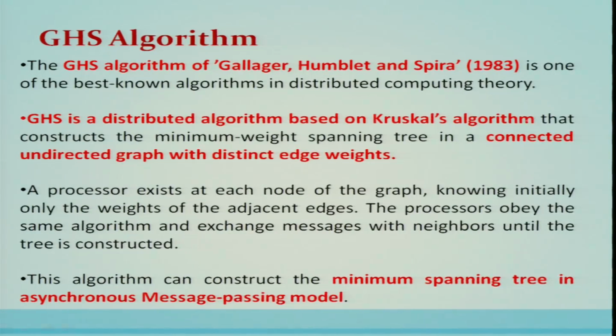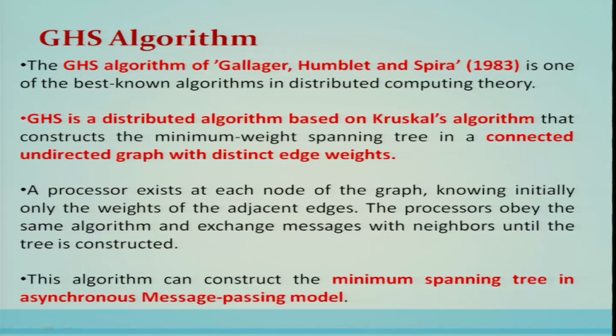GHS algorithm. The GHS algorithm of Gallager, Humblet and Spira, 1983, is one of the best known algorithms in distributed computing theory. GHS is a distributed algorithm based on Kruskal's algorithm that constructs the minimum weight spanning tree in a connected undirected graph with distinct edge weights.